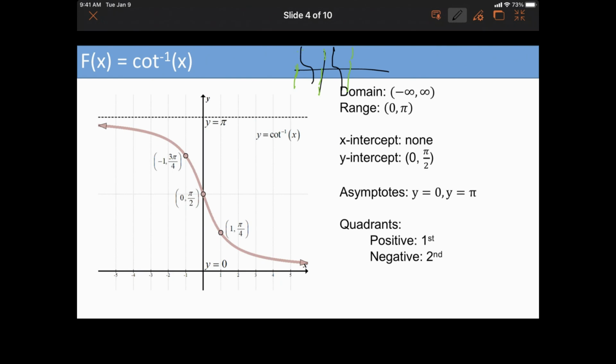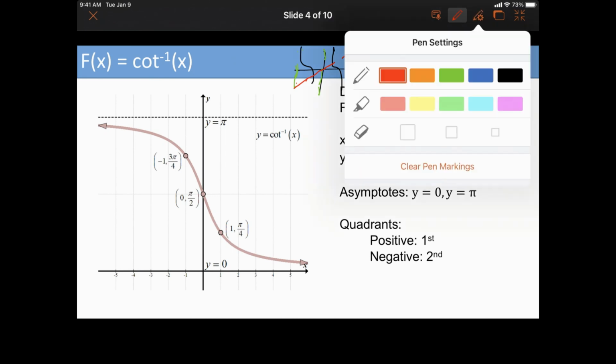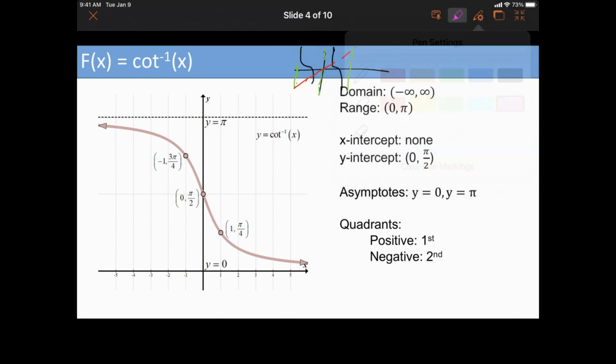So when you reflect it over the line y equals x, it changes. You can see that the domain, like inverse tangent, goes from negative infinity to infinity, and there's no gap. There's no break in this one. It's continuous this way.